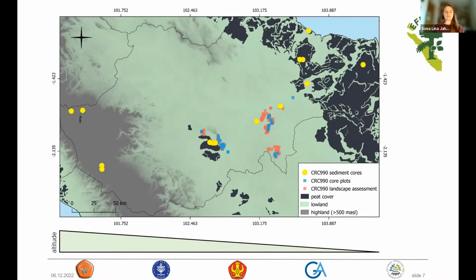And you can see they are distributed alongside an elevational gradient so that we can actually see how the landscape transformed through time in different ecosystems. Then we also have study sites from the CRC, which are our core plots. You can see them as these little squares here in red and blue from 2 different sub-projects. On the one hand, the core plots and the landscape assessment plots.